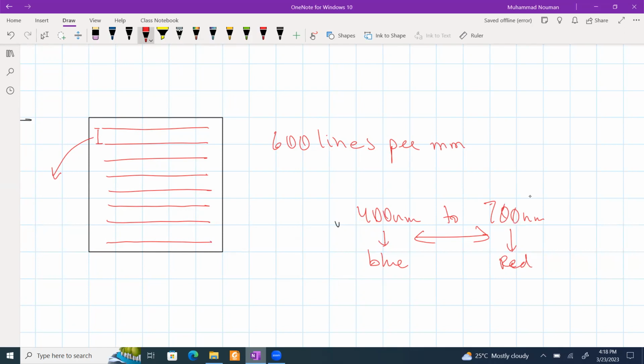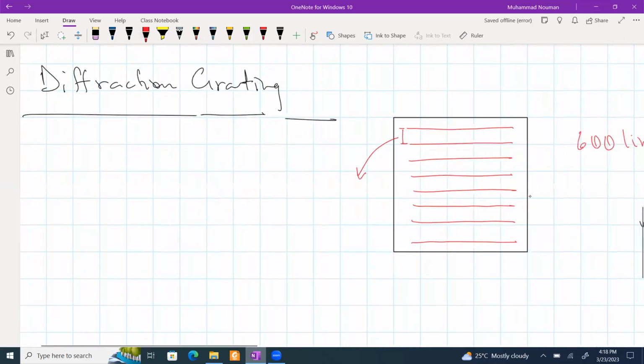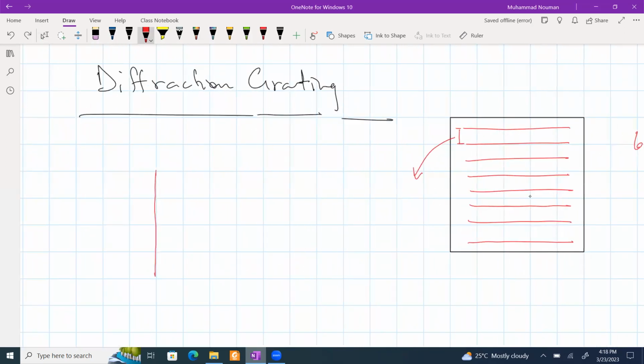What we do is place the grating vertically like this. This is the grating, and we pass the light through it. The angle between the diffraction grating and the light must be 90 degrees. I hope you understand what I mean.